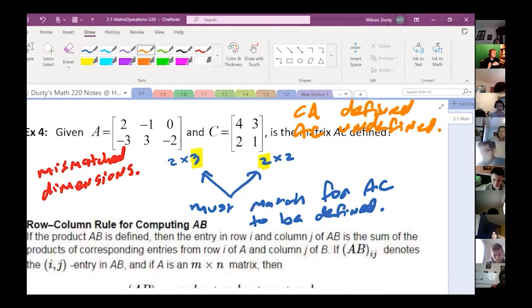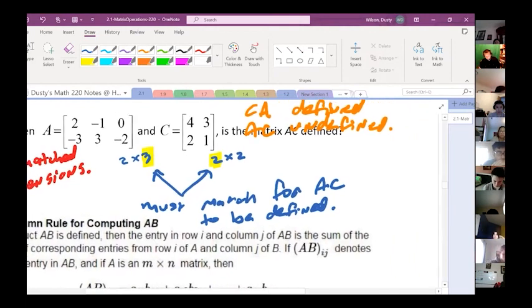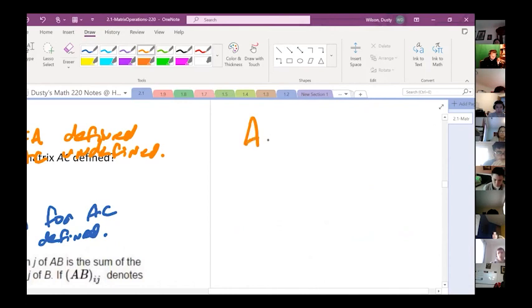Dusty, wouldn't it work if we had for C 2 by 3? If C was 3 by 2, it would work. Oh, yeah, no. So if you have A, which is 2 by 3, times C, which is 2 by 3 as well, again, you're going to have mismatched dimensions, so it's not going to work.